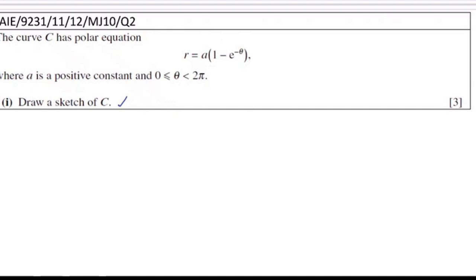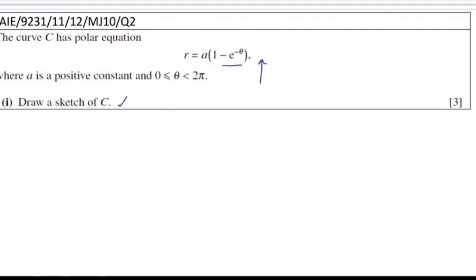If you look at the function here, this is a negative e power negative theta. So we just have to see whether this is strictly increasing or strictly decreasing. In this case, it is strictly increasing for the r here. It's a negative, and the exponent has a negative power as well, so this would be a strictly increasing graph.